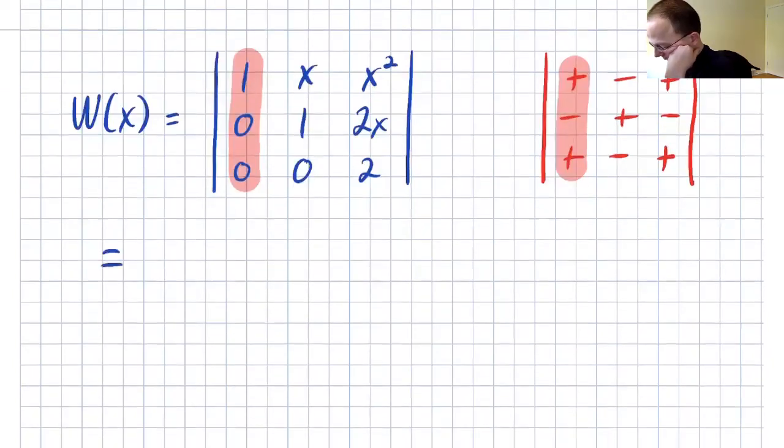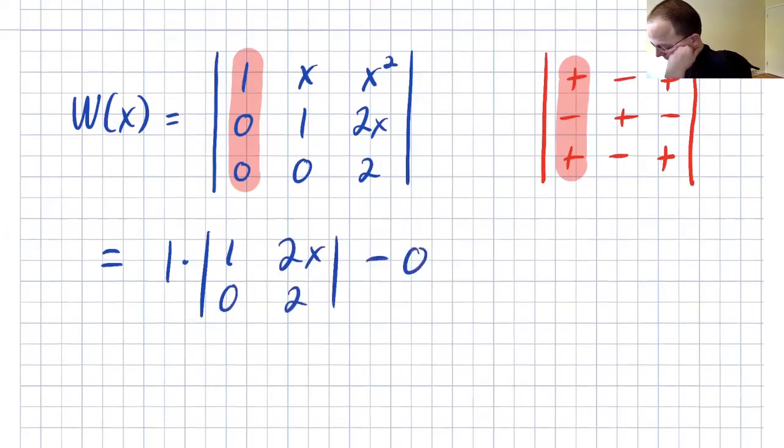So we're going to get plus 1 times the determinant of, and if you delete the first row and column, we're left with this 2 by 2 matrix. Then we get minus 0 times that determinant, and then plus 0. That makes our lives a lot easier.